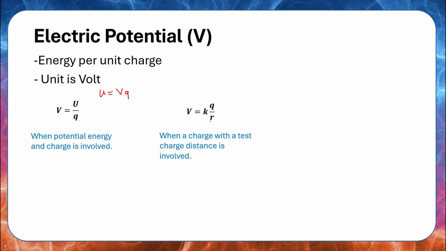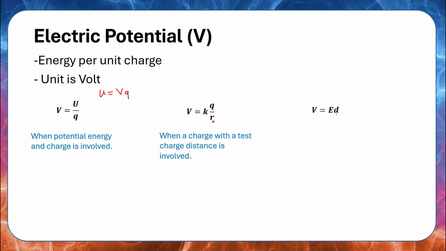Again, the previous formula can only be used if there's no distance involved, no test charge, and there is a presence of the electric potential energy and the charge. But if we have a charge and a test charge or a reference point, then we're going to use this formula, because there is a distance between that charge and the test charge. So this will be the formula that we're going to use because of this distance r here.